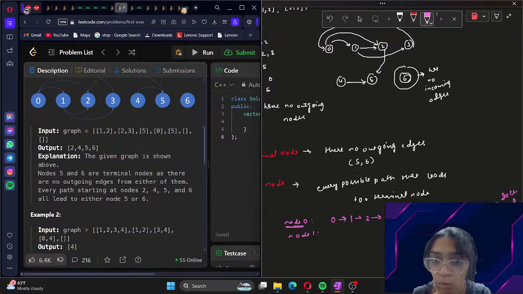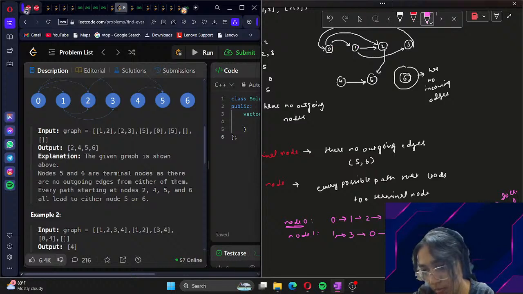If we go 0 to 1 and 1 to 3, then it will again go to 0, but it won't come to node 5 or node 6. If we go to node 1, the same scenario, it will fail again because 1 to 3 goes back to 0 and it will be a loop, not reaching a terminal node.